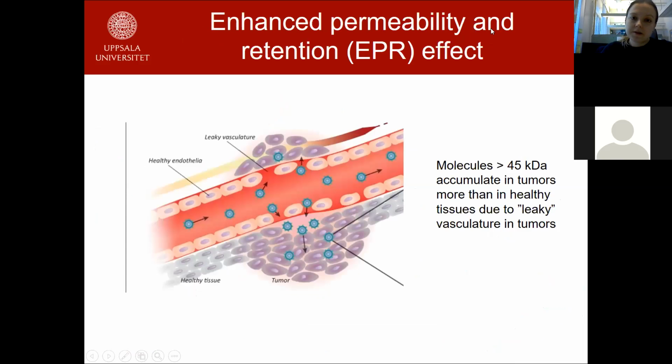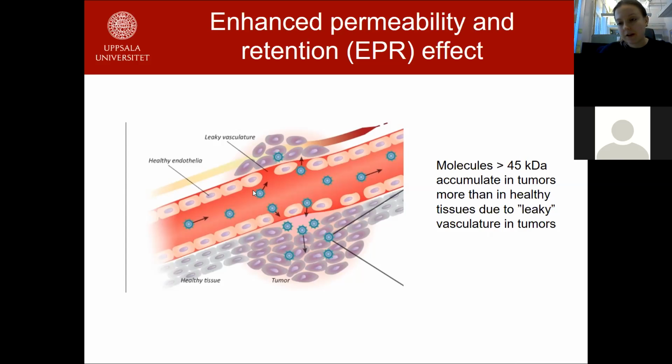EPR is the enhanced permeability and retention effect. What it means is that when tumors grow, they usually grow very, very fast, and the vasculature doesn't have time to grow properly. So the vasculature in the tumor has a lot of abnormalities, a lot of gaps between the healthy endothelia.